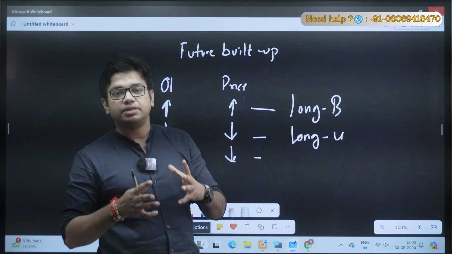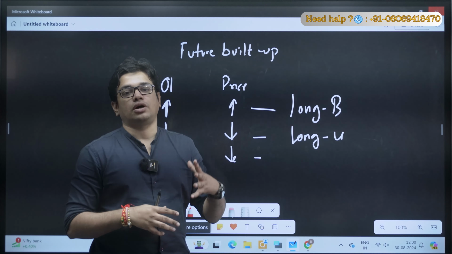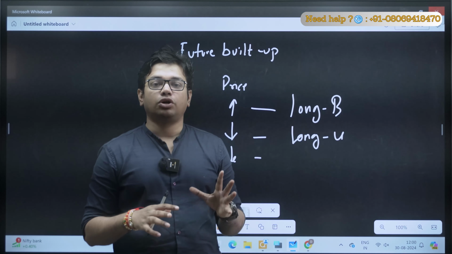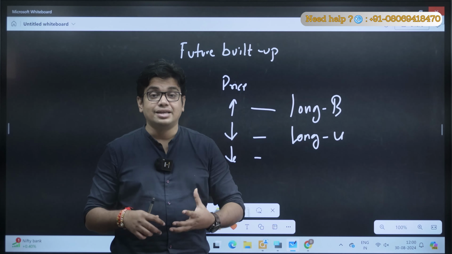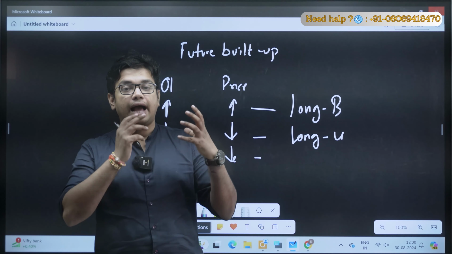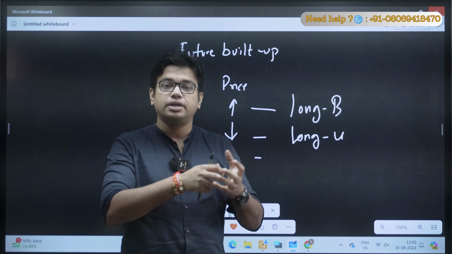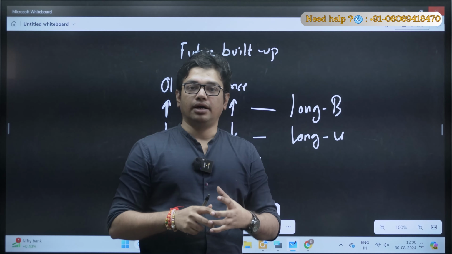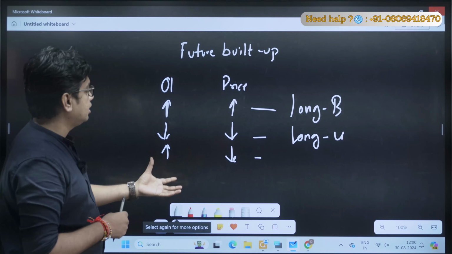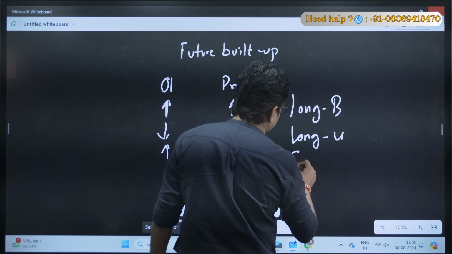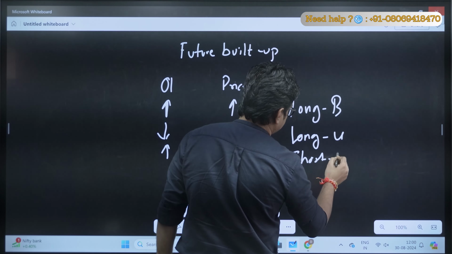They have a perception that this particular stock might go down, so they sell the future of that stock. Selling involves borrowing, because here I am borrowing the future from the exchange. It will create a new OI. So here OI will increase and the price will decrease, so it is considered a short build up.